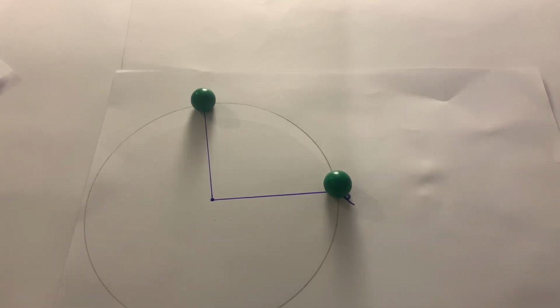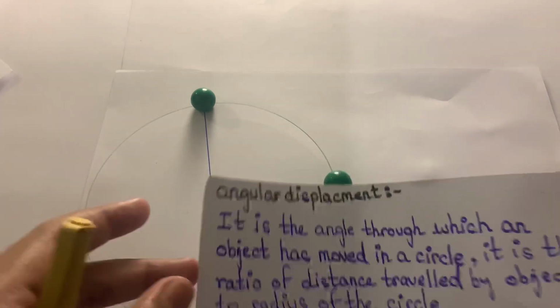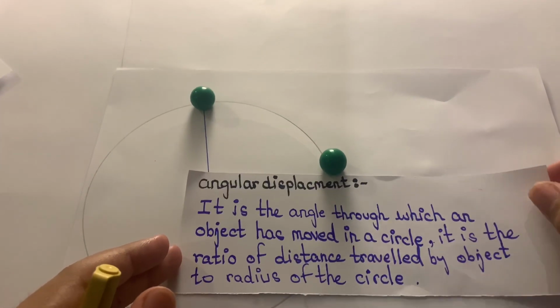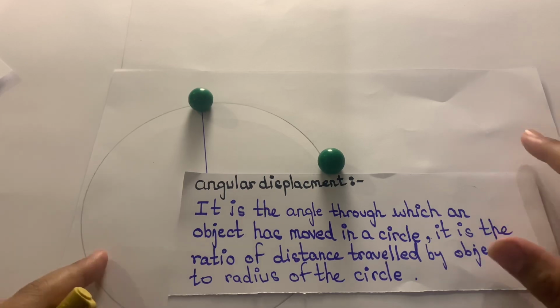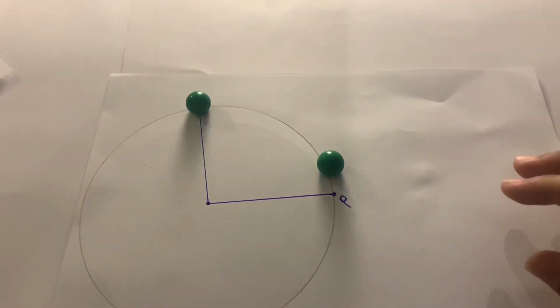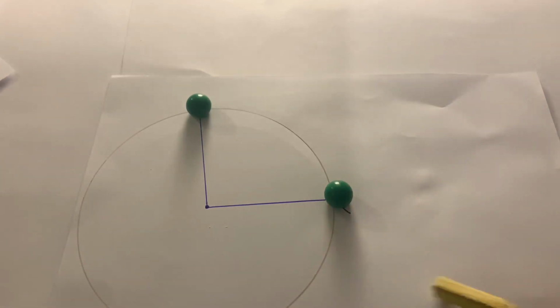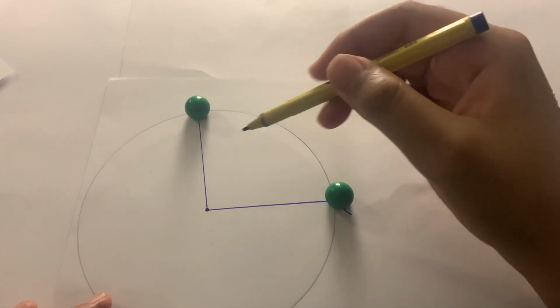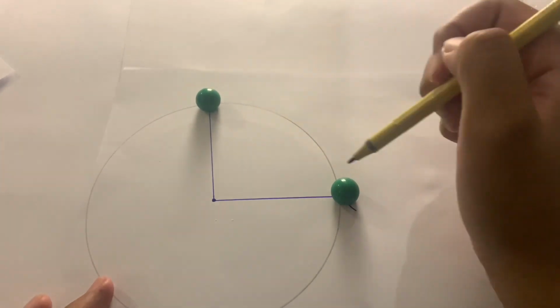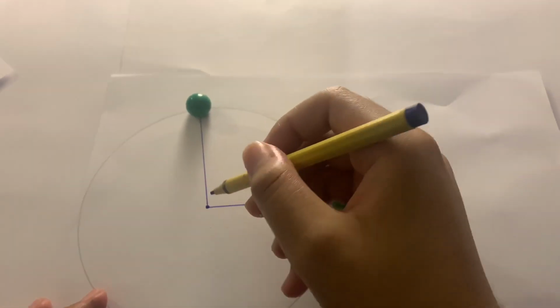I'll write it down below so you can look at the definition properly. To find the angular displacement, we have to measure the angle traveled from this position to this position.